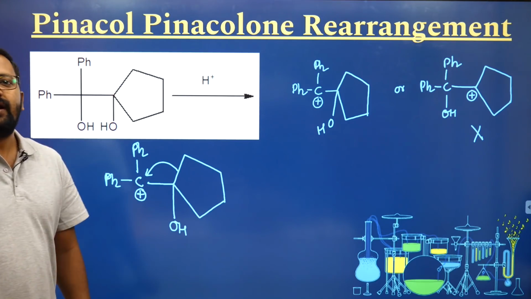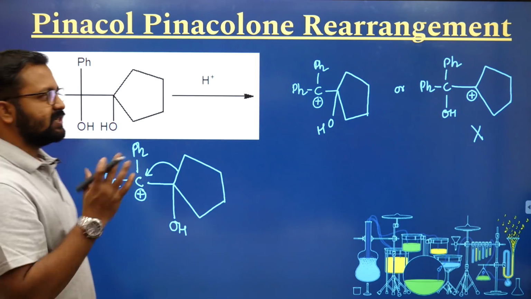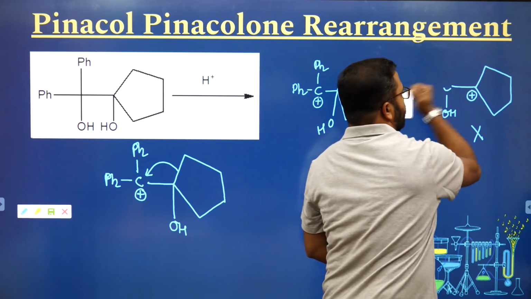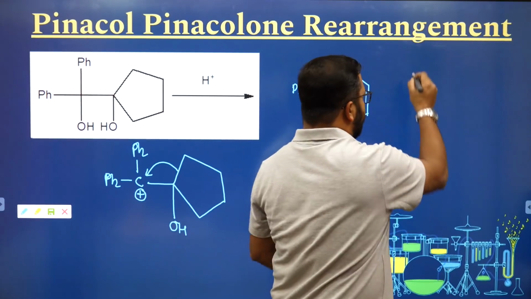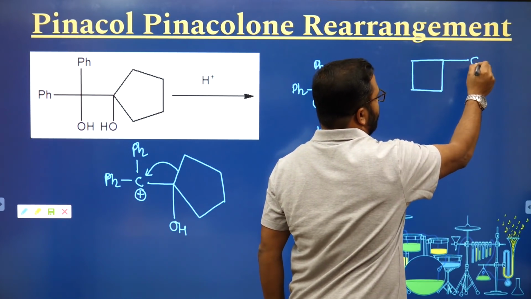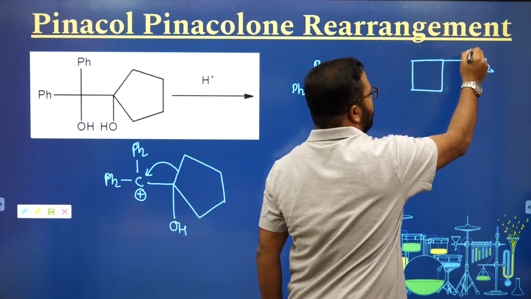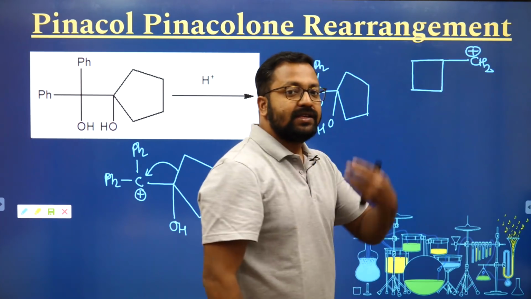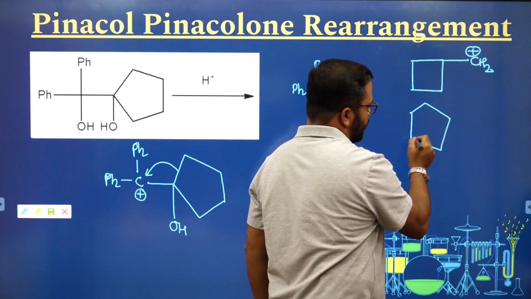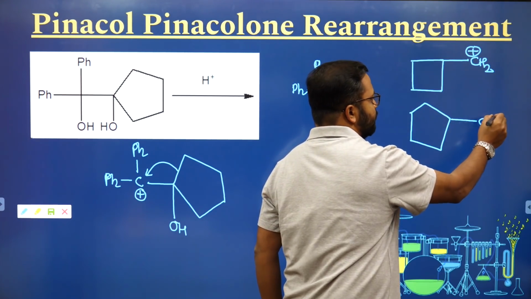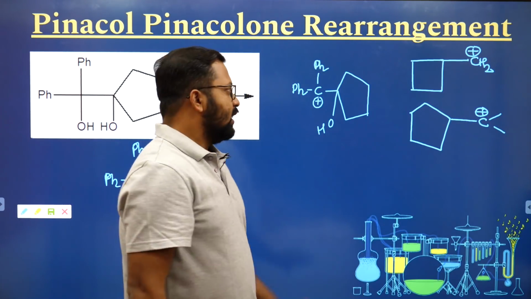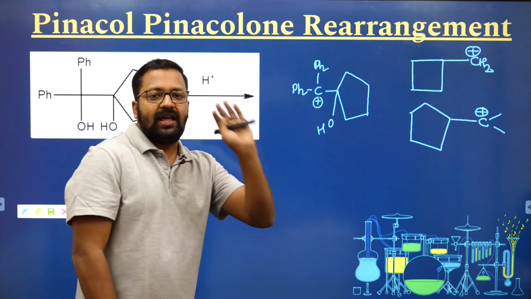Where do we say ring expansion will happen? There is a very simple way of remembering this. If there is a 4-membered ring and a carbon attached to the 4-membered ring has a positive charge, or if there is a 5-membered ring and a carbon attached to the 5-membered ring has a positive charge, in both these cases ring expansion will take place.